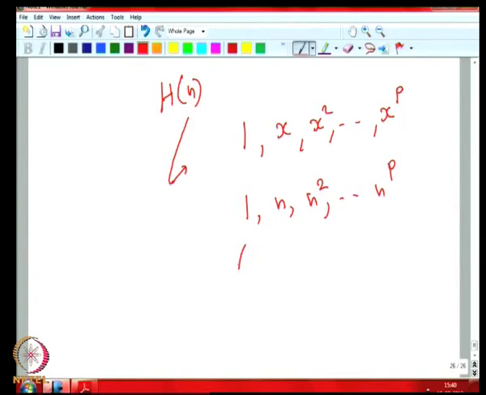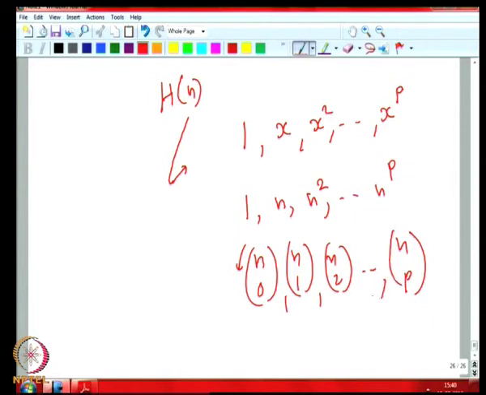Similarly, it is not difficult to show that n choose 0, n choose 1, n choose 2, up to n choose p, which are also polynomials, form a basis. This is a constant term, this is a degree 1 polynomial, degree 2 here, and this is a degree p polynomial.